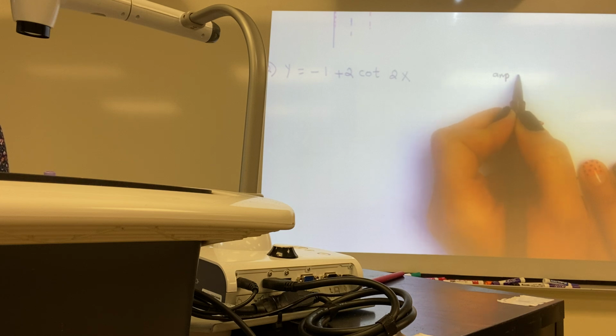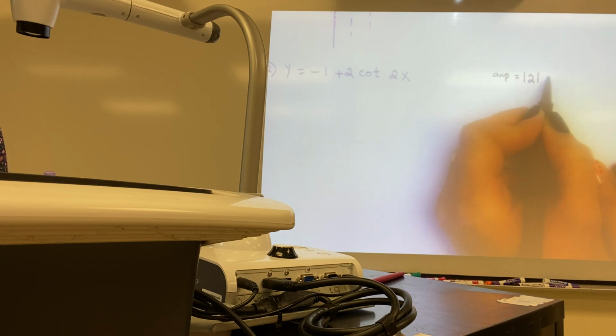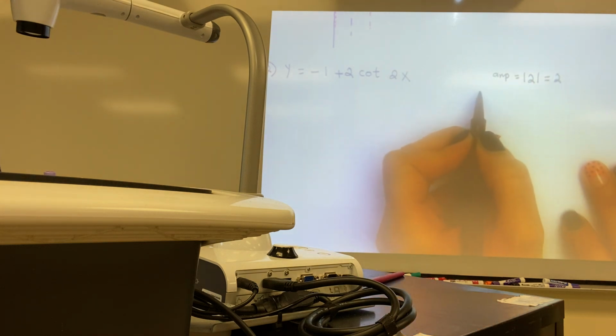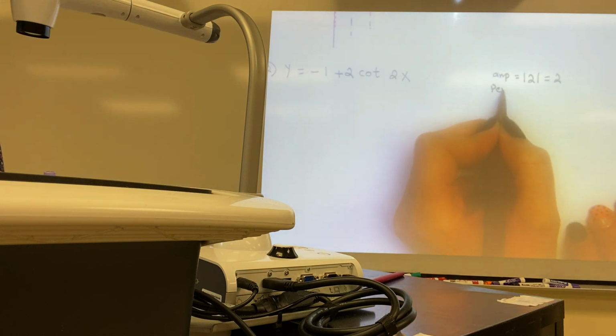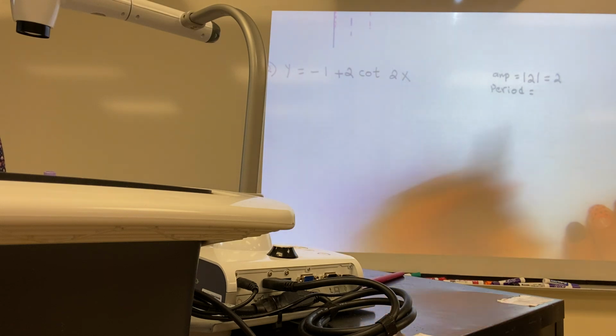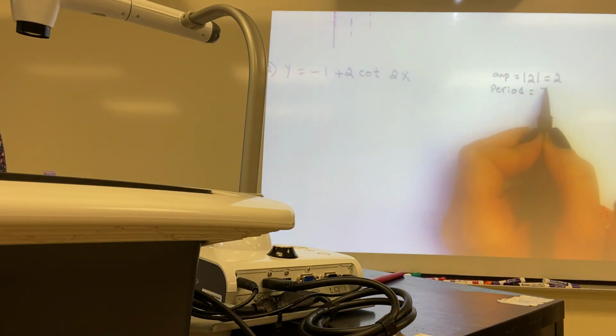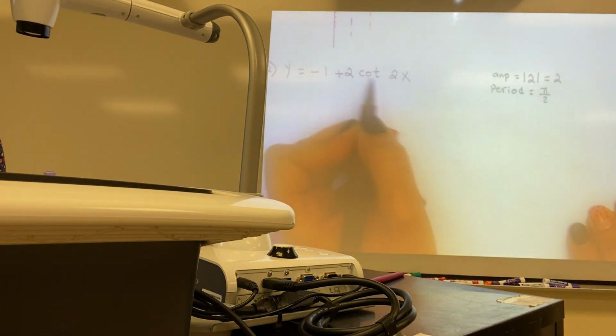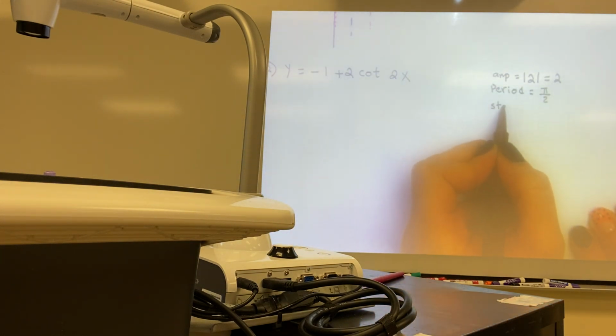Amplitude is 2, period pi over 2, because b is 2 this time, and then we have step.